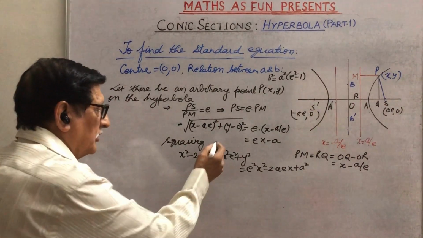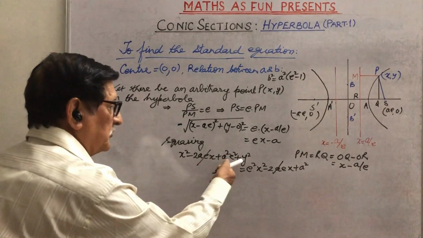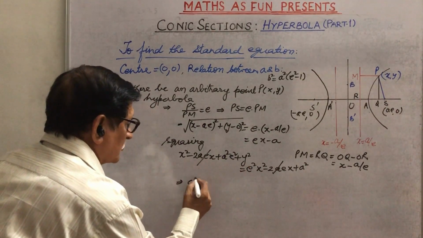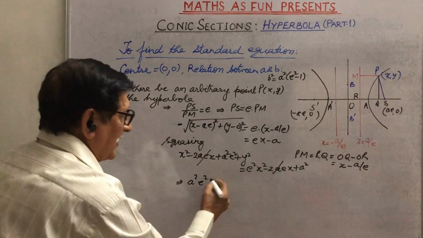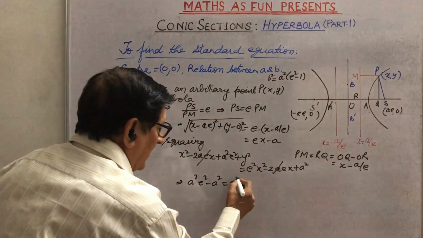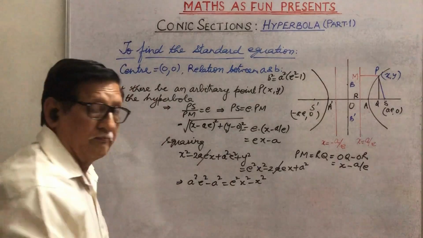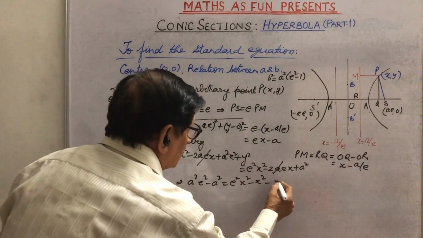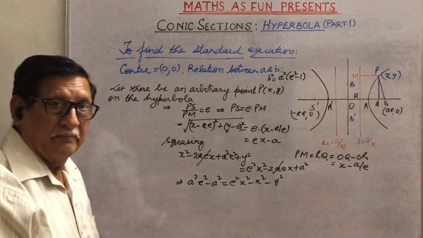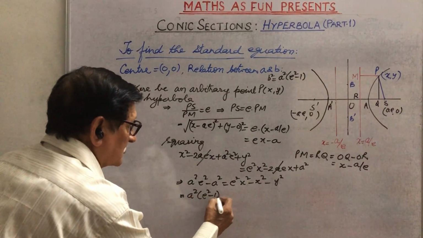We find here 2aex and 2aex cancel. Now using the transposition we get here a square e square minus a square is equal to e square x square minus x square minus y square. Taking common here a square, we are getting e square minus 1.